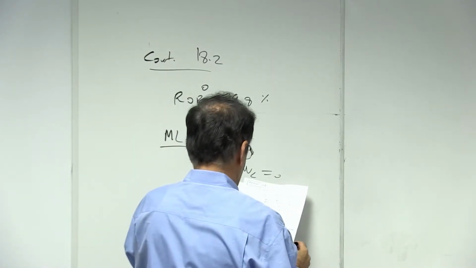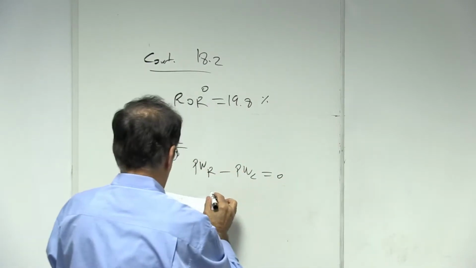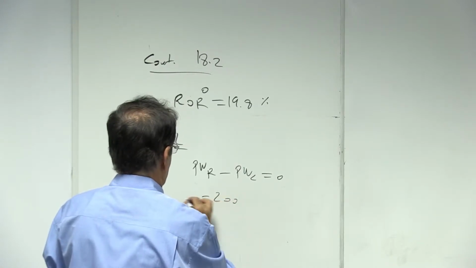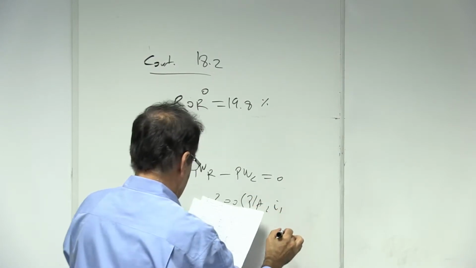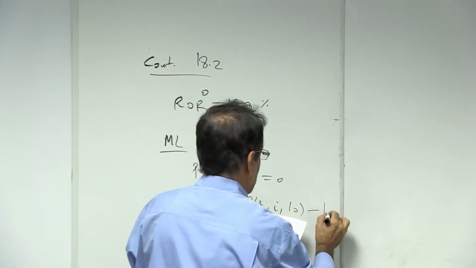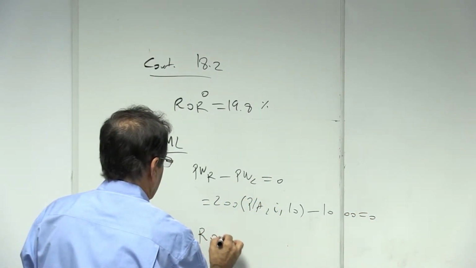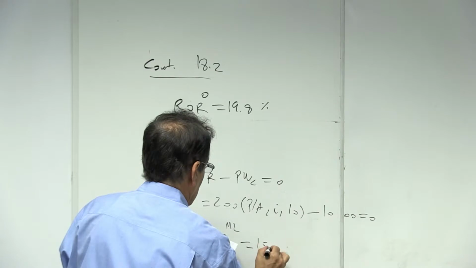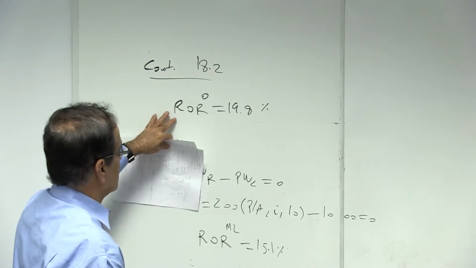There's no salvage value here, so it's going to be 200 times (P/A, i, 10), since the life this time is 10 years, that's most likely, minus the initial cost of 1,000, equal to 0. If I solve this equation, the rate of return for most likely is 15.1%, which is much smaller than the rate of return for the optimistic value.